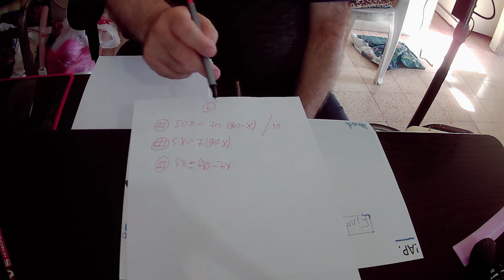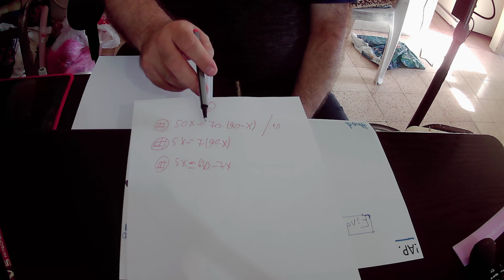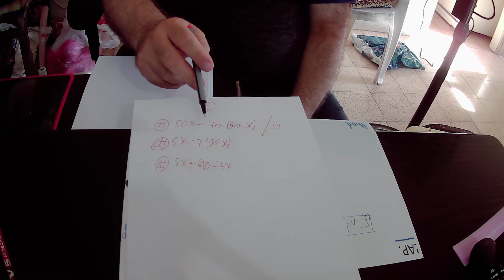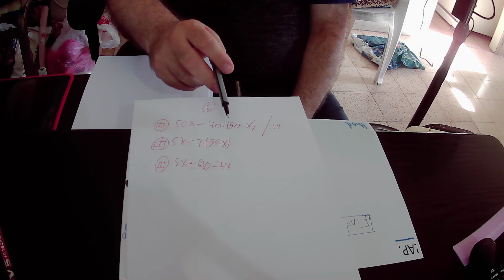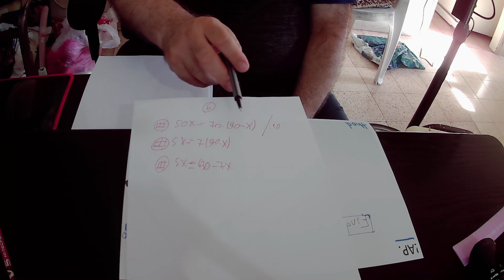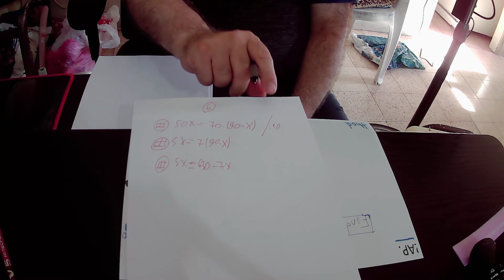So we open the brackets in this expression. 7 times 90 equals 630, and 7 times minus 6 equals minus 7x. Here we will add 7x to both sides of the equation.